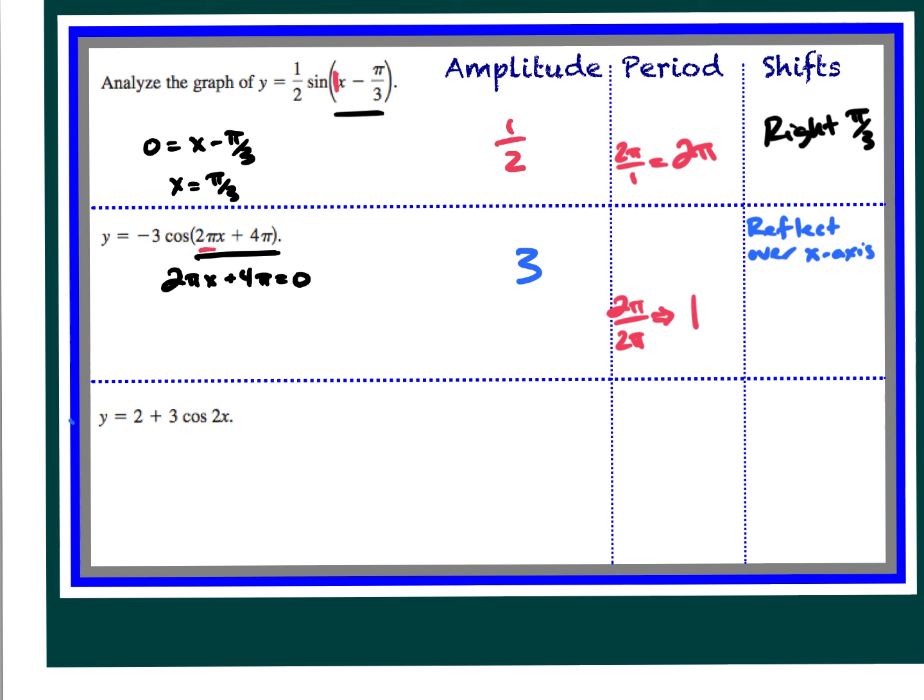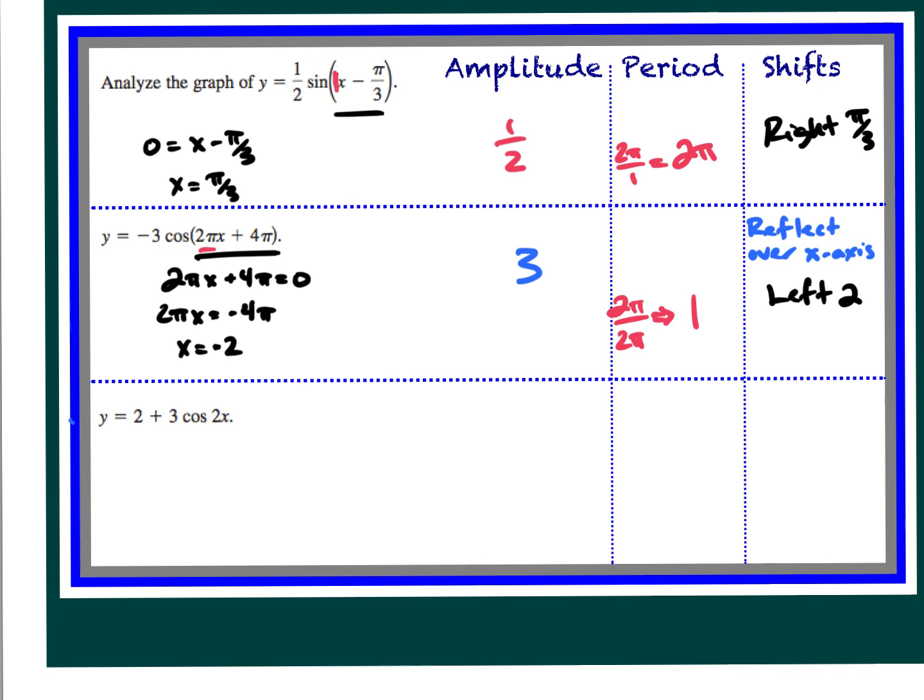So you set it equal to 0, so then you get 2 pi x is equal to negative 4 pi. And then you divide by 2 pi, and I get x is equal to negative 2, which means it moved left 2.